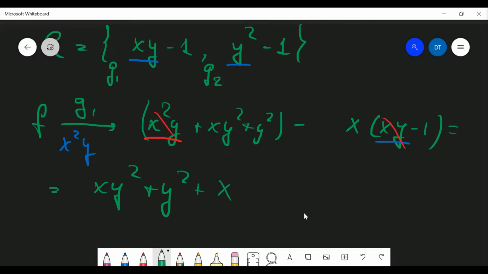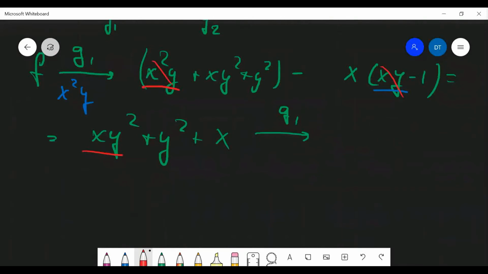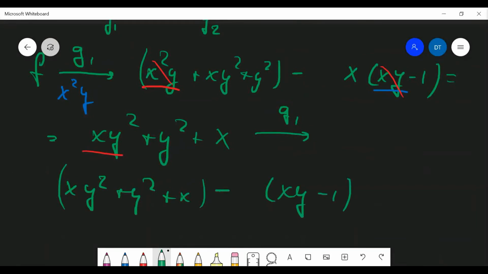Now I can proceed with the reduction with respect to g1, or I can switch to g2. There are a lot of options, so let's proceed with g1. Now I can reduce this monomial. I should subtract xy − 1 with an appropriate coefficient in order to cancel this term.